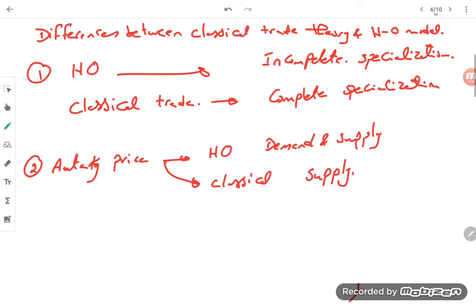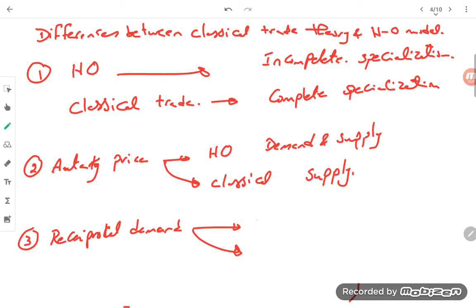And now we have to explain why, just after adding one more difference, which is reciprocal demand, or TOT, the international trade price.